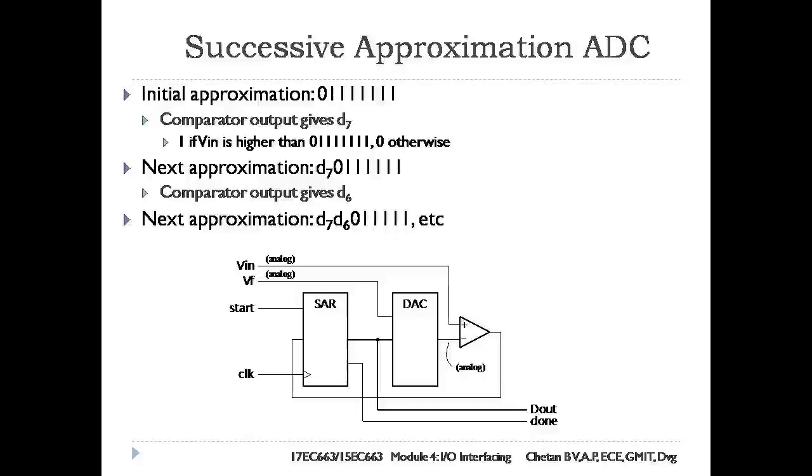During the next clock period, this approximation is converted by the DAC and compared with the input voltage to yield the next most significant bit of the result and a refined approximation, which is D7, D6 followed by 0, then 5 ones. The process repeats over successive clock cycles, refining the approximation by 1 bit each cycle.